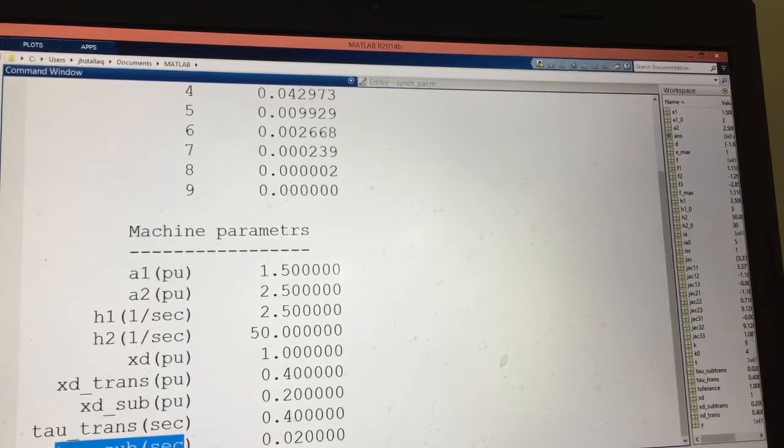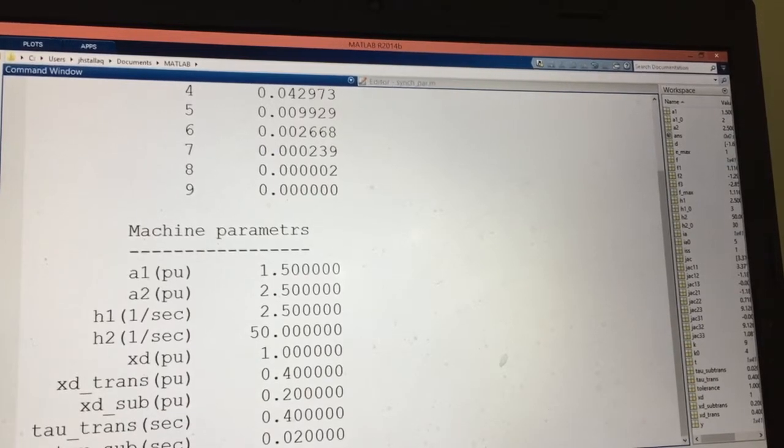Now, to make sure that your solution is correct, you need to plot.